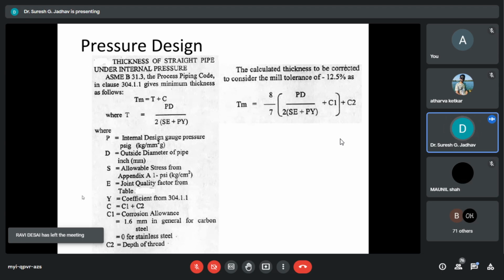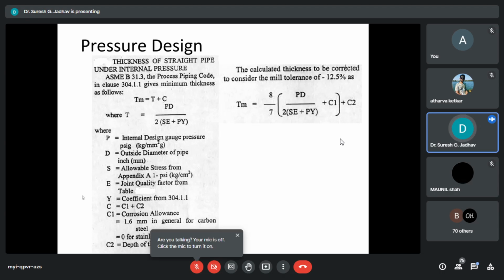Here P stands for the internal design gauge pressure in PSI, which can be converted to kg per square millimeter, and D is the outside diameter of the pipe in inches, which can also be converted into millimeters. And S is the allowable stress from Appendix A, meaning through the piping design handbook, Appendix A1.